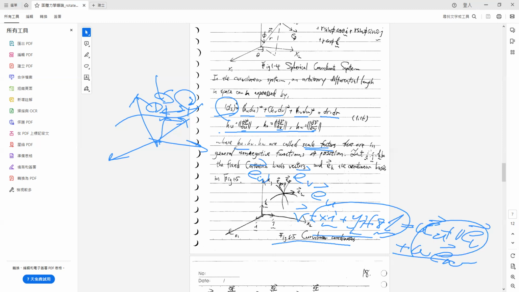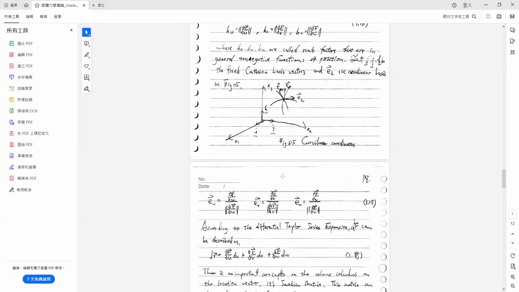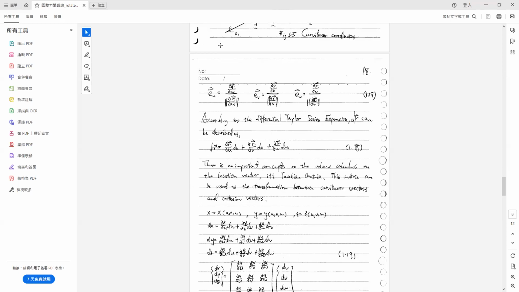The key parameter is the scale factors. From the above, vector eu equals vector r differentiated by u, first order, divided by its positive value. In the same way, we can get vector ev and vector ew.